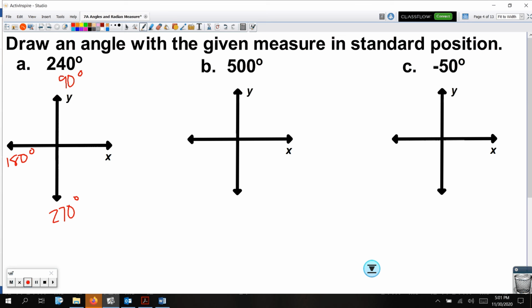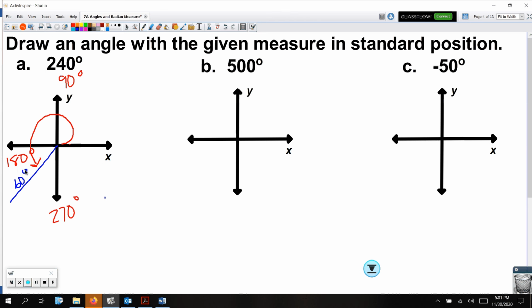So it's positive, so I'm going to rotate up. And it's 240, so it's bigger than 180, but it's not quite to 270. I'm going to say it's about here. That terminal side would be about 60 degrees past 180.